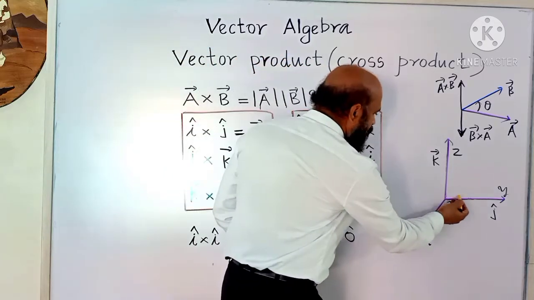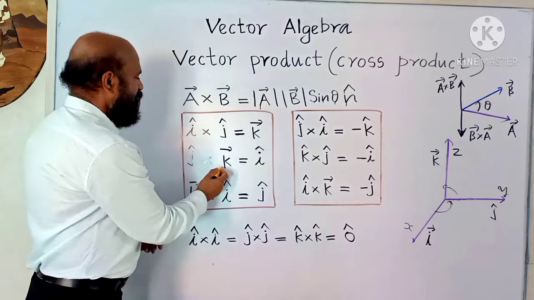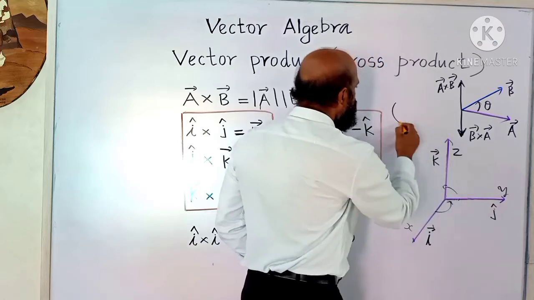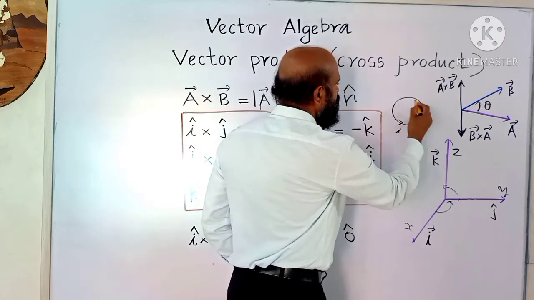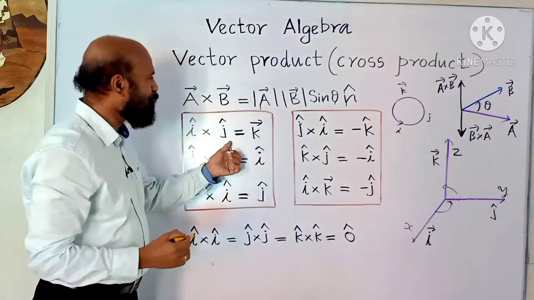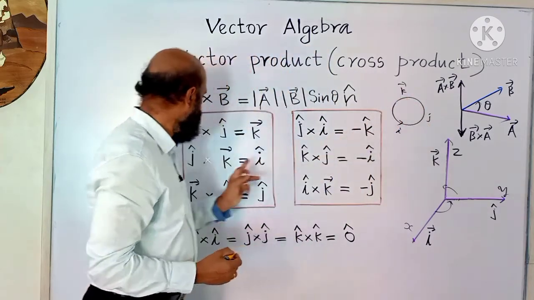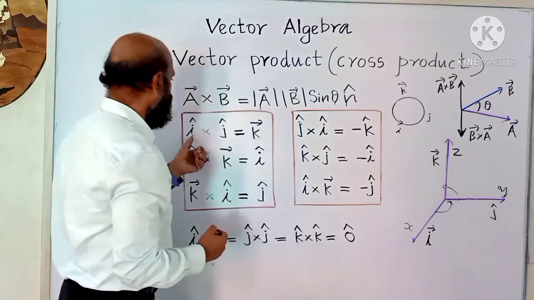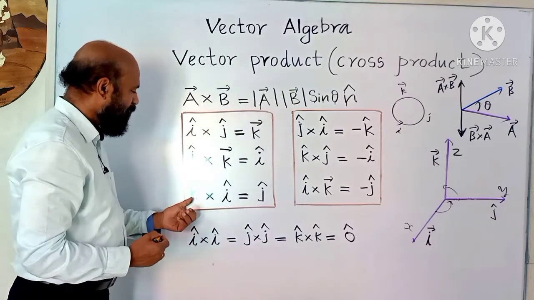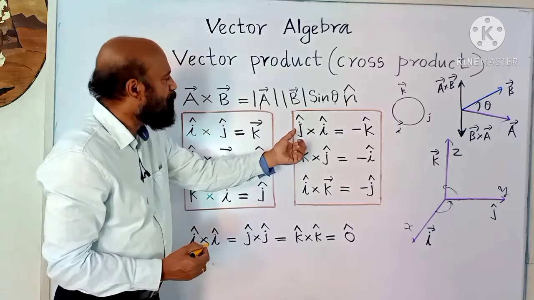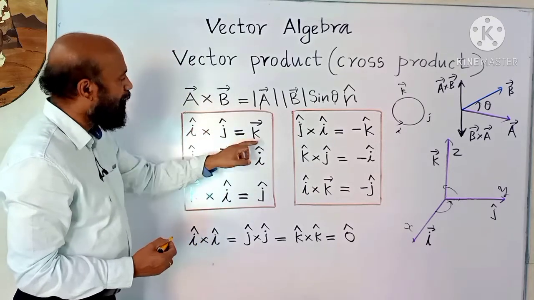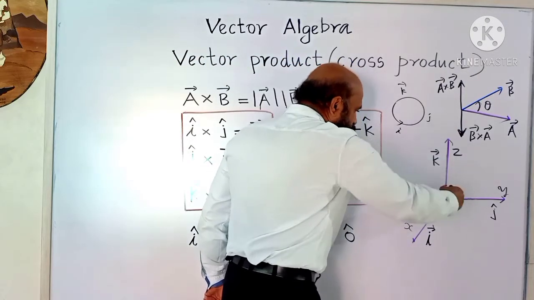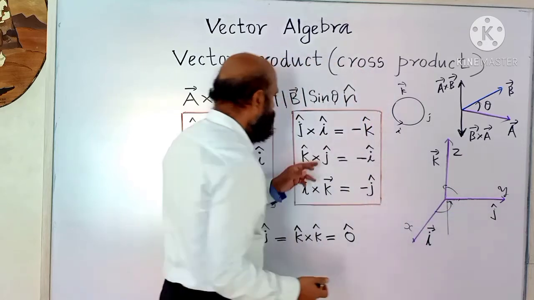Now j cross k is i. Next, k cross i is j, in that cyclic order: i cross j, j cross k, k cross i. Suppose you take the product j cross i, it will be minus k, since i cross j is k.